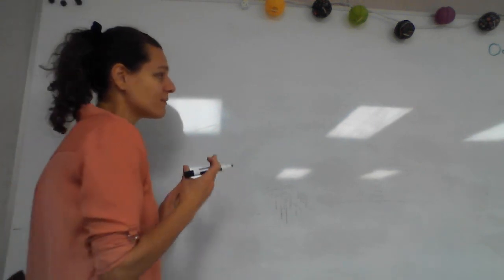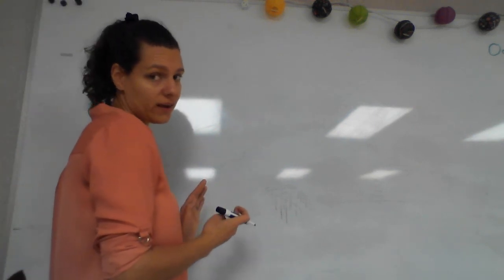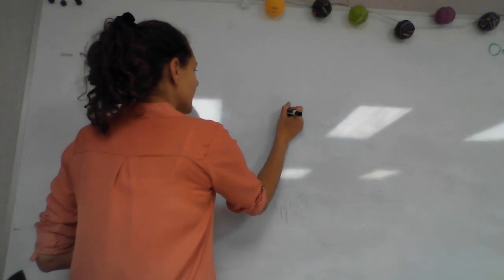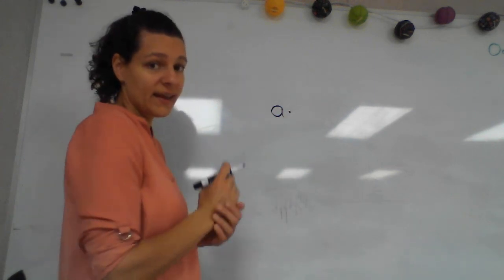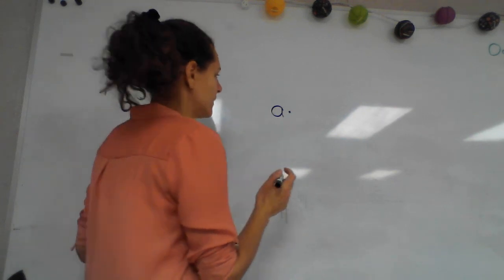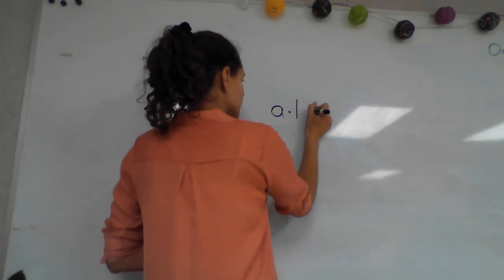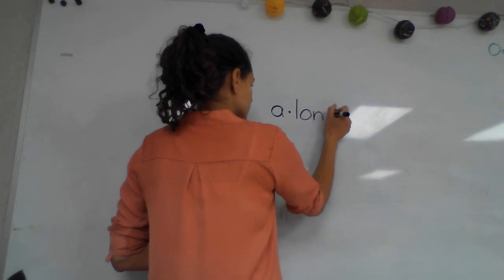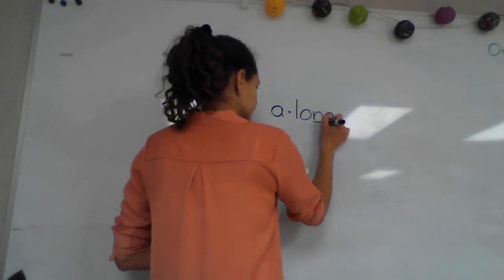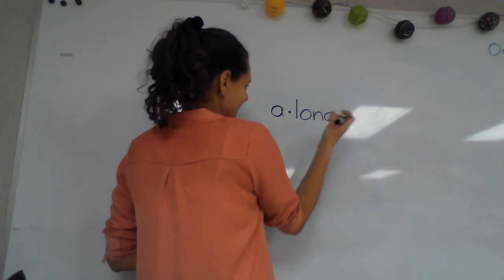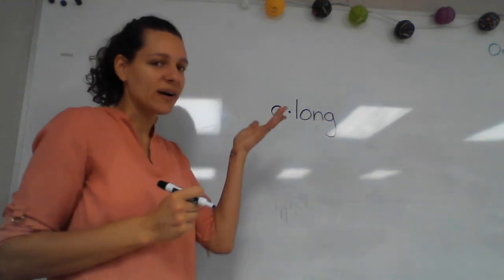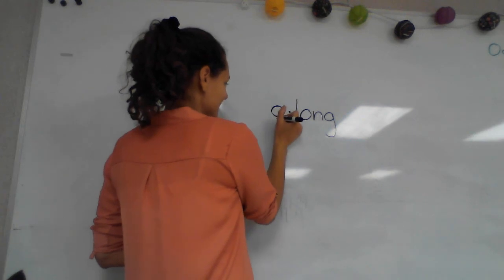All right, class, what's the first syllable in the word along? Good, A. What kind of syllable is that? Good, an open syllable. And the second syllable? Good, long. Oops. Right. See, even if I try and go out of order, I mix it up, or I get it wrong.